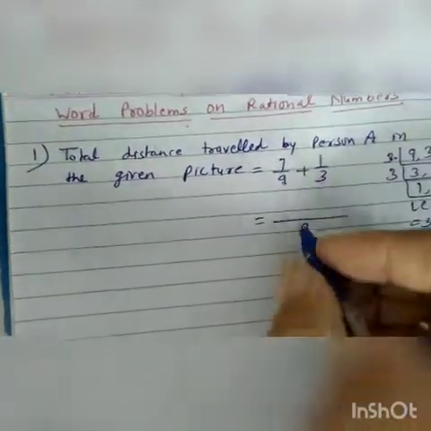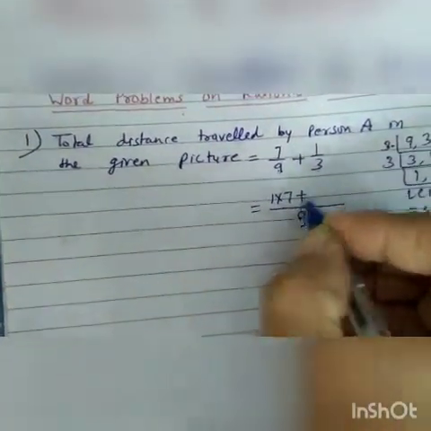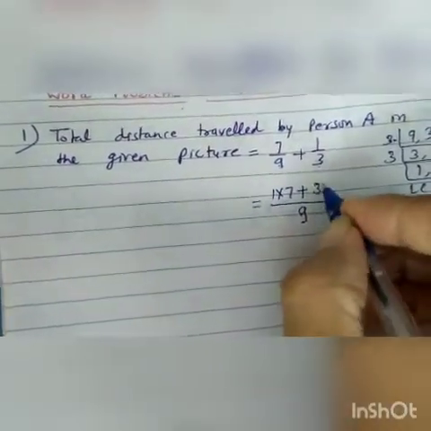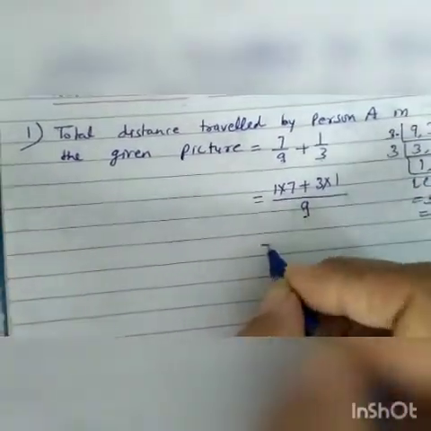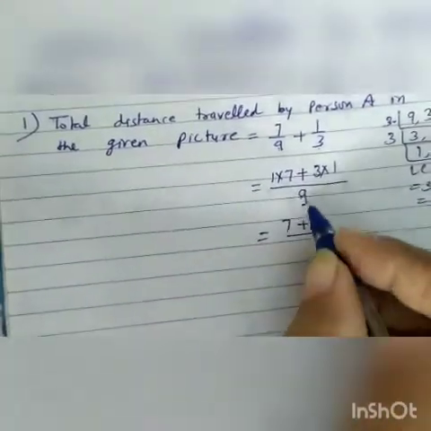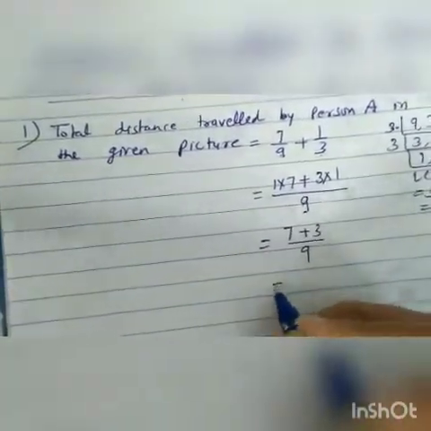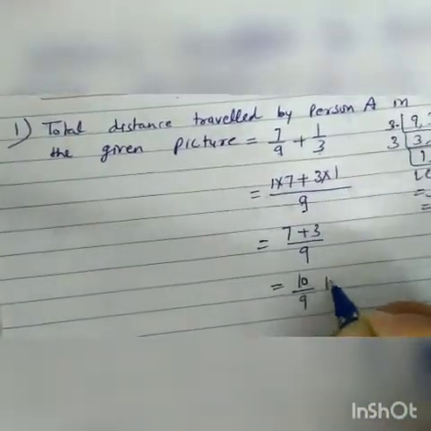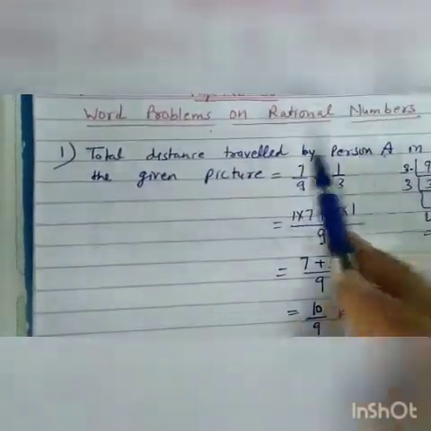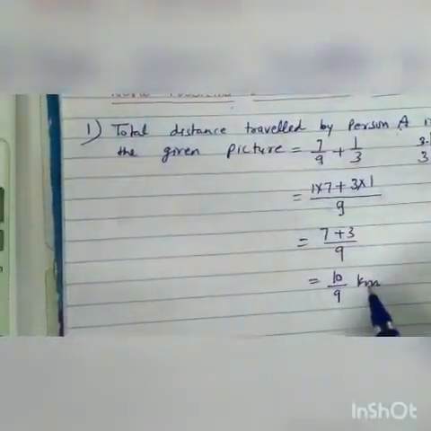Then 1 multiplied by this 7, plus divide this 9 by this 3, 3 threes are 9, so we write 3 multiplied by this 1. 7 ones are 7 plus 3 ones are 3 upon 9. It is 10/9 kilometer. So person A travelled total distance 10/9 km.